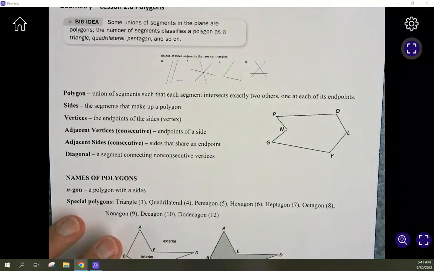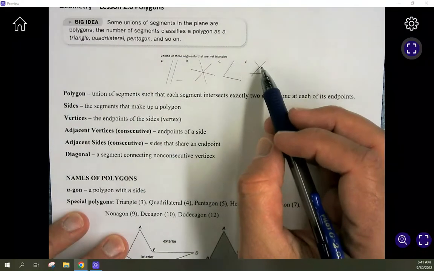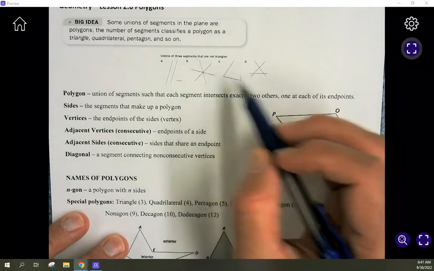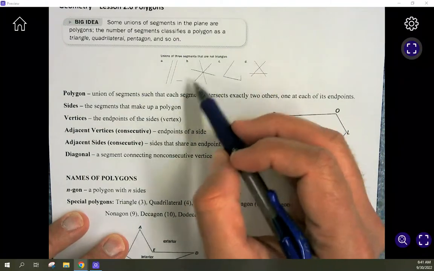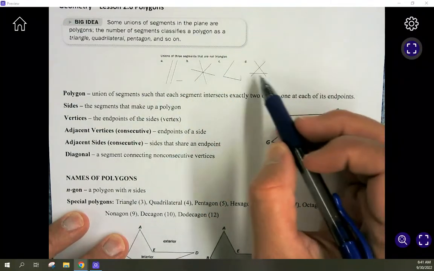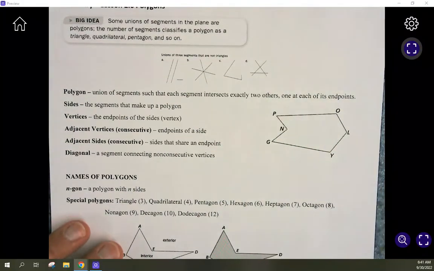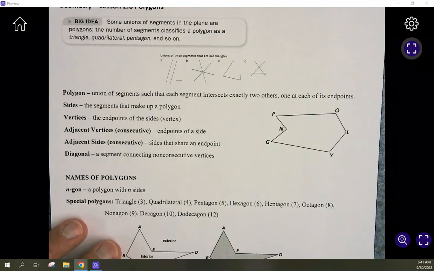So you might say it needs to intersect at least two. And now we're looking at B and D. We've got three segments, and they're all intersecting two of the other segments. Okay, but we haven't really defined it yet.